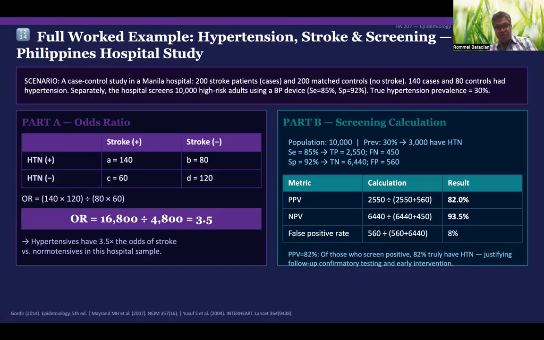So for the PPV, 82% of those who screen positive, meaning 82% truly have hypertension. So this just goes to show that it justifies follow-up confirmatory testing and early intervention of blood pressure among individuals to avoid the development of stroke.